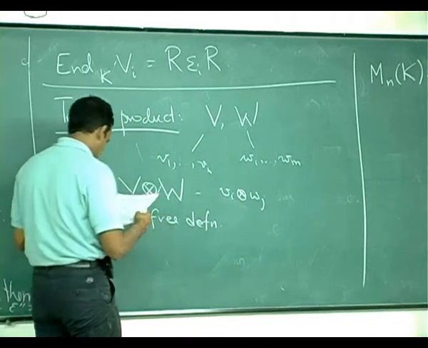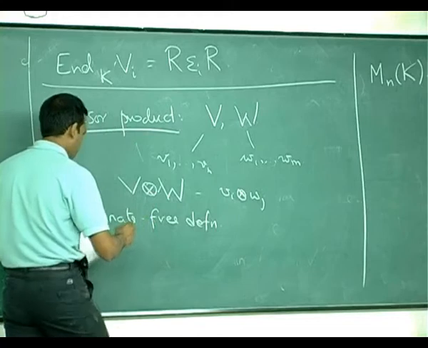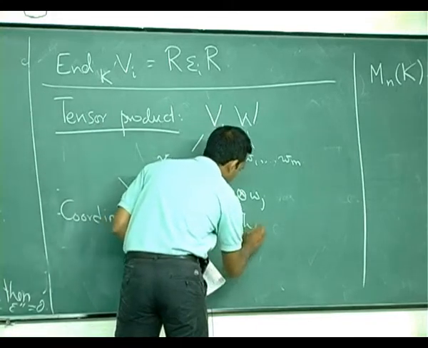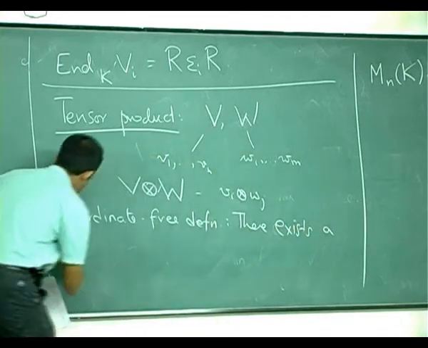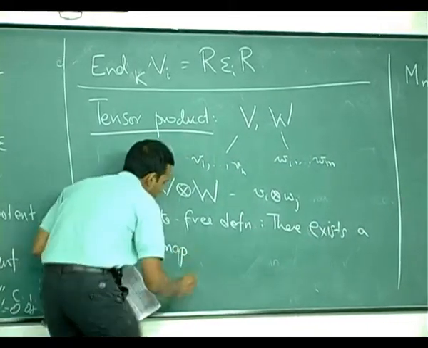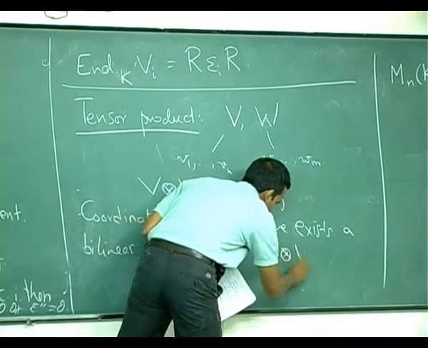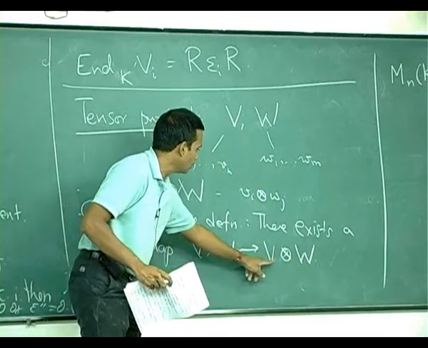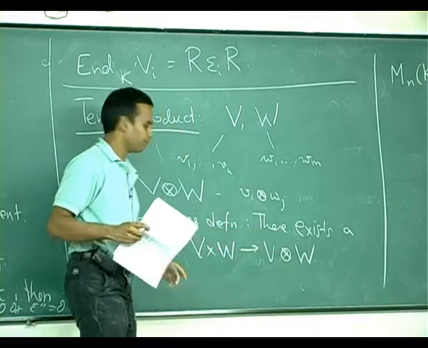So let me just say that there exists a bilinear map from V cross W to V tensor W. And in this case, it's just (Vi, Wj) maps to Vi tensor Wj.